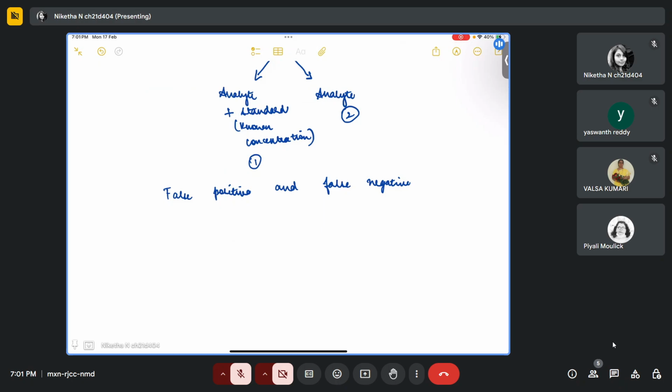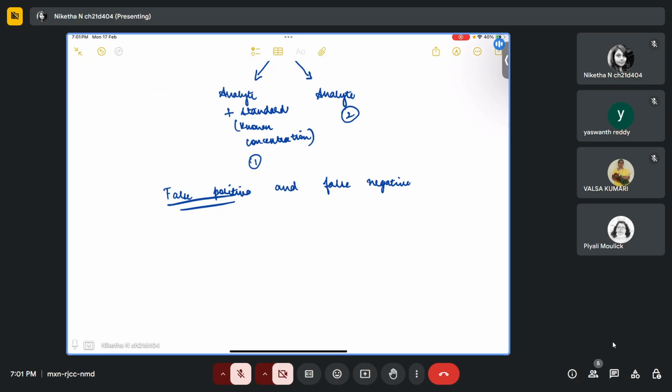Maybe the same chemical was analyzed previously, and at that time there was some accumulation in the instrument. So now, when we are injecting the same sample again, the accumulated chemical will tend to come out, and it will show a higher concentration of that chemical. So this could give rise to a false positive.